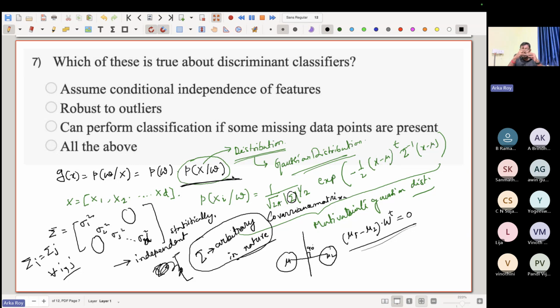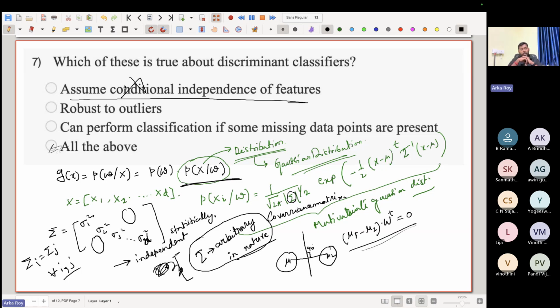Therefore, they basically jumble up with each other, and they are not very good features, as they do not have linear separability. So in the majority of the cases, the features that you extract have some sort of correlation with each other, and they may not be independent in nature. So that is why assuming the conditional density to be independent is incorrect. Okay.